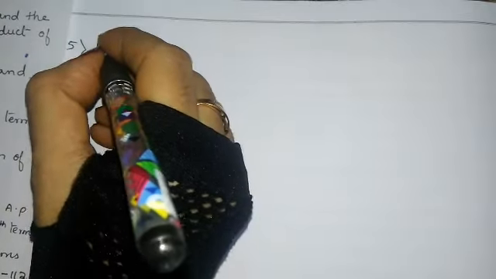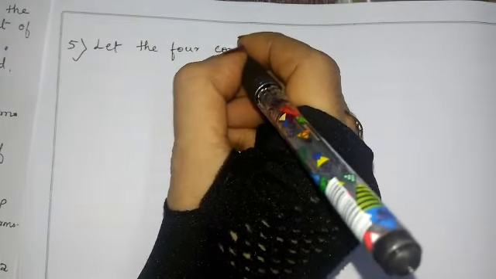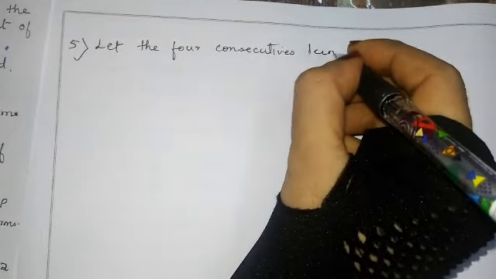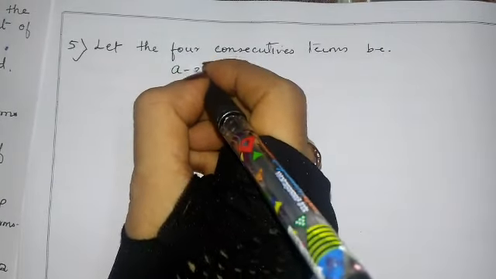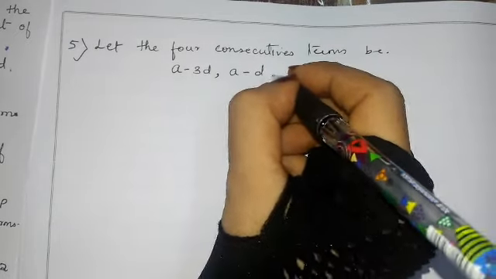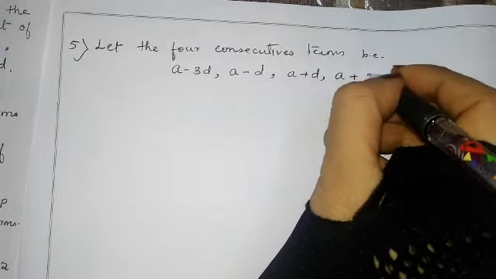Let the 4 consecutive terms be A minus 3D, A minus D, A plus D, A plus 3D.